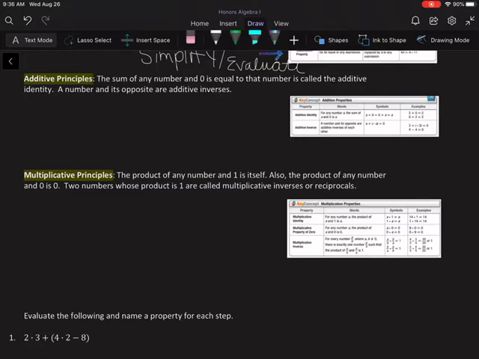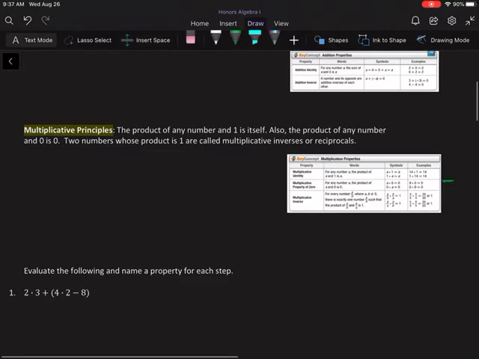So if you see the additive inverse, we got 0, multiplicative inverse, we get 1, right? The additive identity is we add 0, and the multiplicative identity, we multiply by 1, okay? So a little bit different, and then we add the property of 0 because anything multiplied by 0 is 0, right? This is the only thing different that we add on that the additive principle doesn't have.